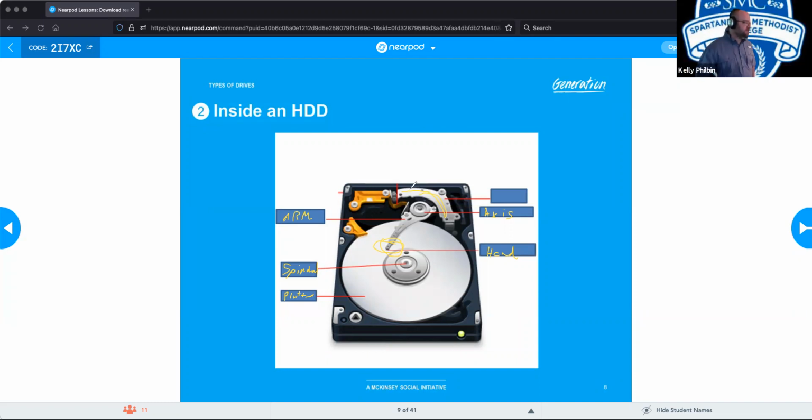This is the motor that drives this arm on this axis or pivot point so that the head can move back and forth across the platter and read and write the data as required. And then here we can see off to the side the data ribbon, which is how the data is transmitted from the drives to the computer itself.